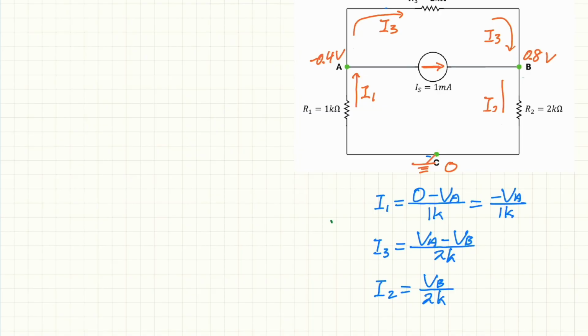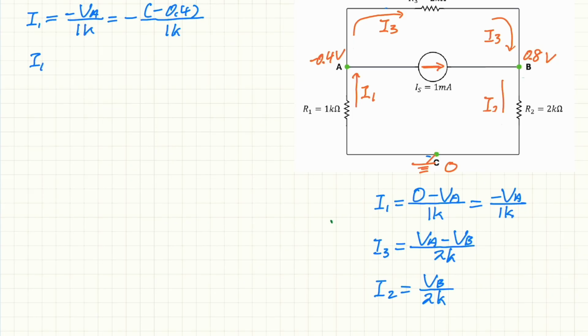Next, we want to find the currents I1, I3, and I2 and check if the KCL is correct or not. So I1 equal to minus VA over 1K. So minus VA is equal to minus minus 0.4 over 1K.